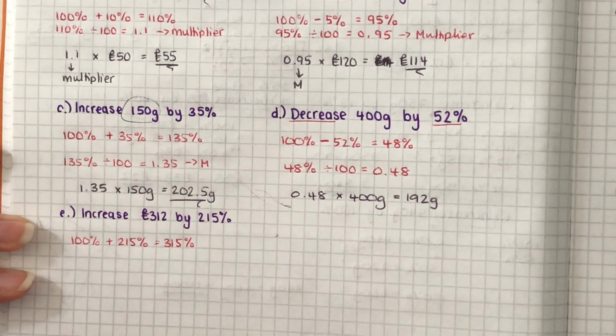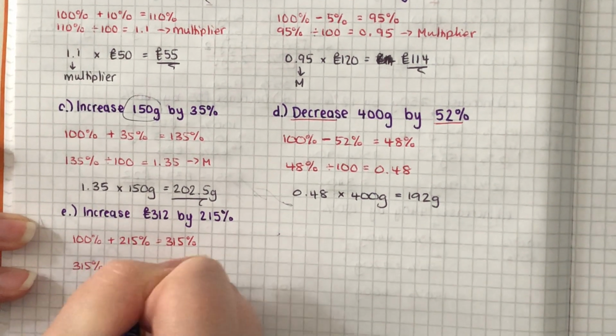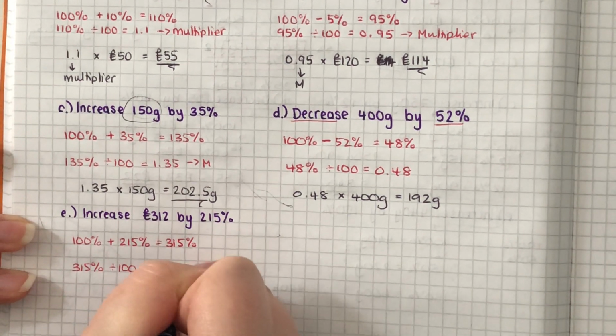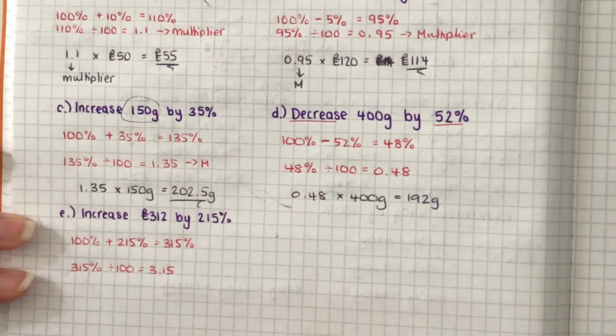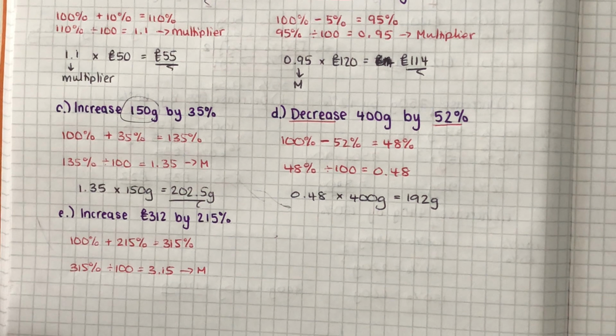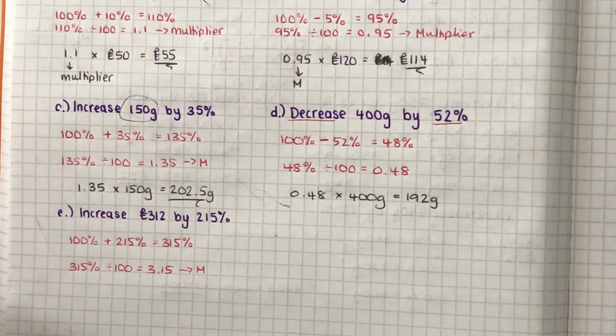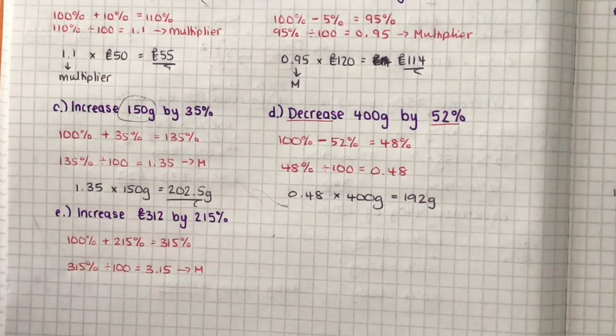315%. Then we divide that by 100 and we get 3.15. Now normally our multiplier is either 0 point somethings or 1 point somethings. This is an exception just because we're increasing by something that's bigger than 100%. Okay, and then we do the same thing.